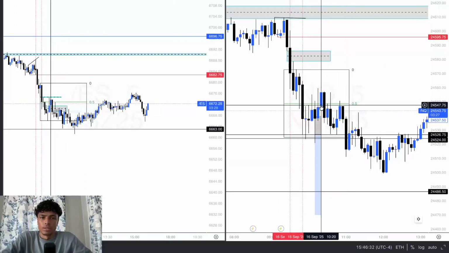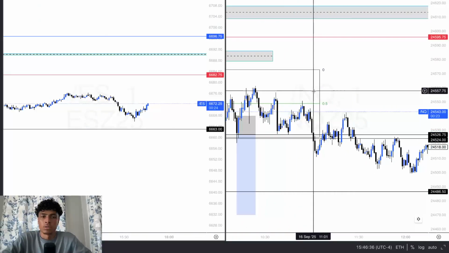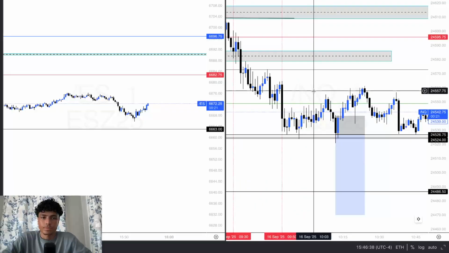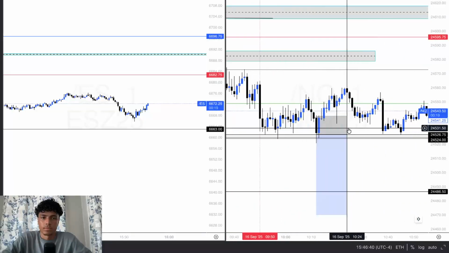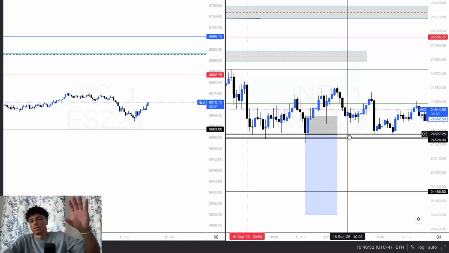And so as you can see, it filled equilibrium. I scaled on the 1 minute. And then I entered off of this breaker structure. And I wasn't aware, I wasn't paying attention on ES, in which market was literally going search and destroy, going up and down, up and down.